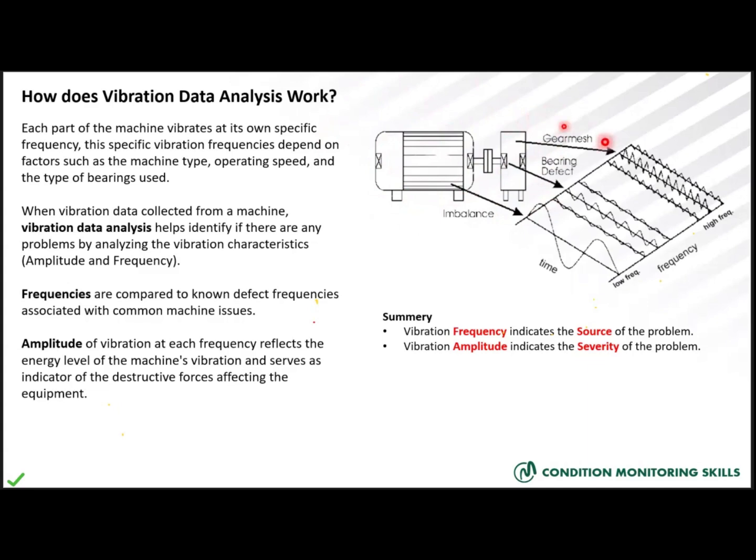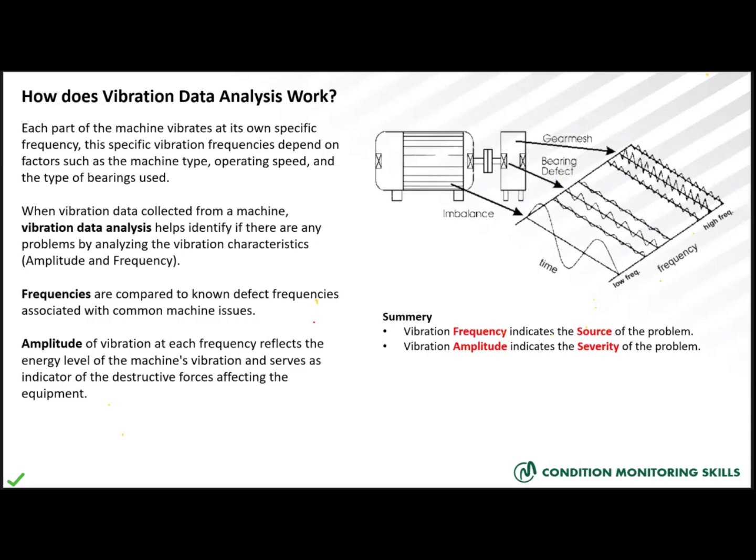Each part of the machine vibrates at its own specific frequency, which means it is doing cycles of vibration per second different from the other parts. These specific vibration frequencies depend on factors such as the machine type, the operating speed of the machine, the type of bearing used, and so on.